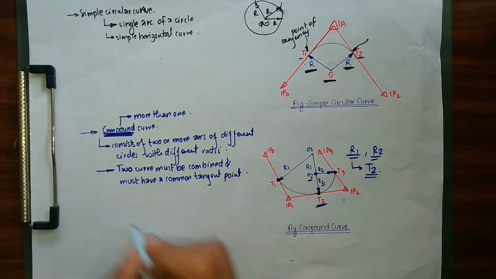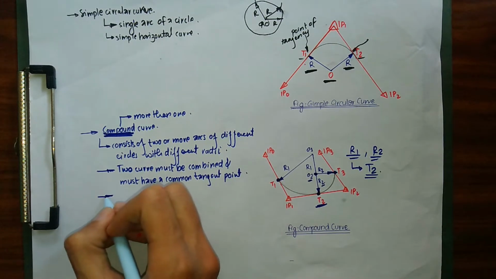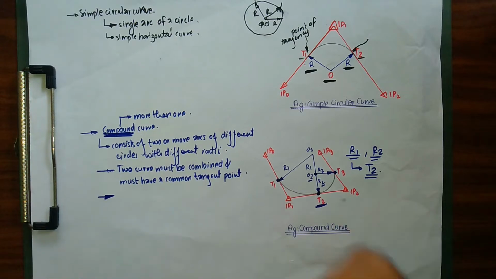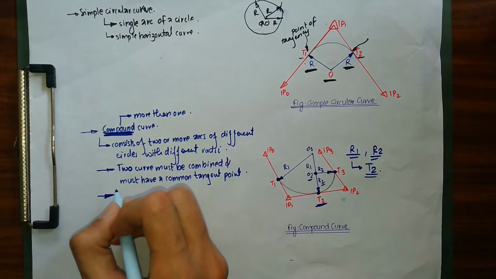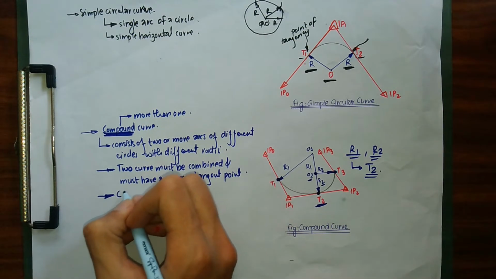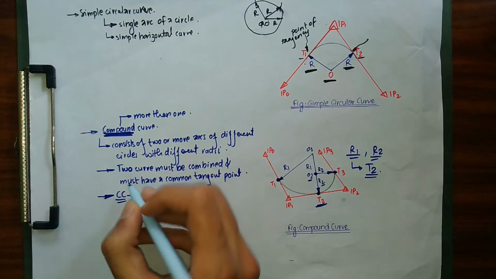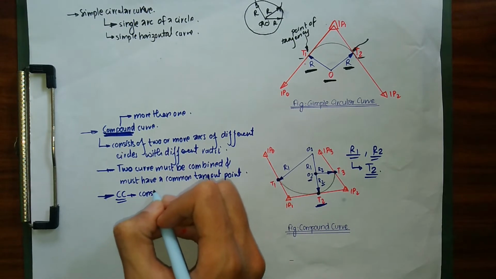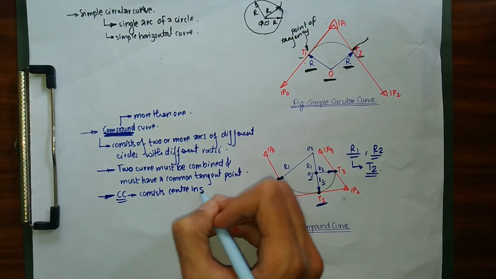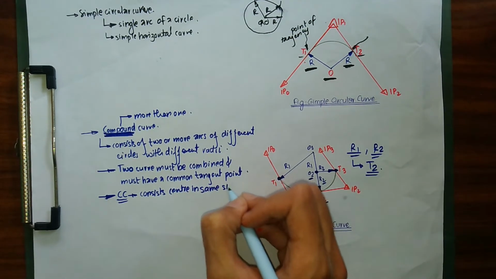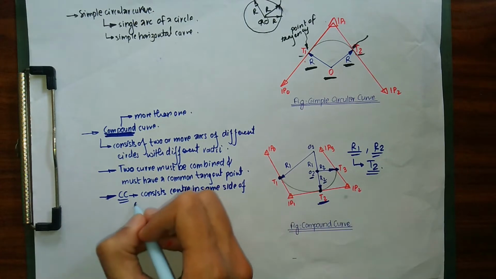One more special feature of a compound curve which separates it from a reverse curve, which we'll be talking about soon, is that a compound curve, let me write it as CC, consists of centers on the same side of the common tangent point.